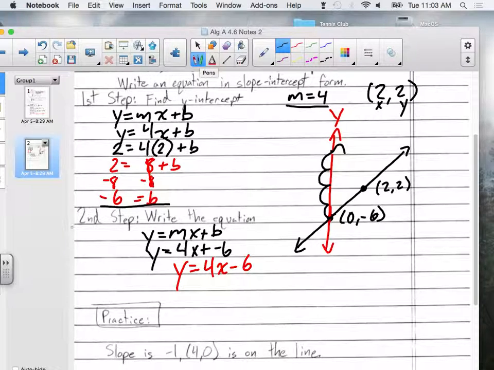So do we think we have the right equation? Yes, but your 2, 2 is your second one. Because if you go over 1 up 1, you get to 2, 2. So if we go up 4 and right 1 more time, we should get there.